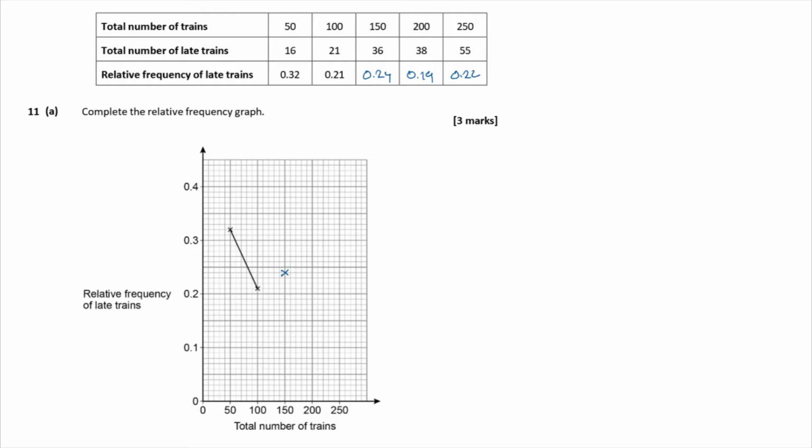Okay, next one, I'm going to have it 200 trains. I've got a relative frequency of 0.19, so that falls down a little bit again, and then it recovers a little bit. For 250, it goes back up to 0.22, which is there. Okay, so I'm going to join those up with a ruler.